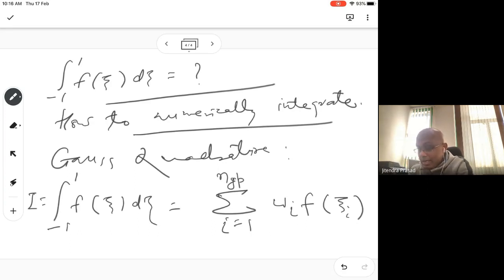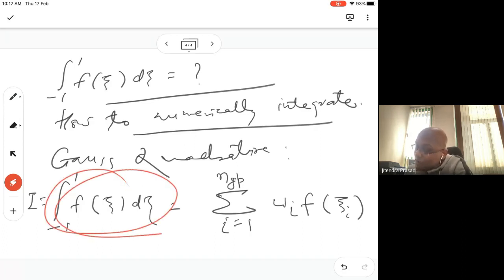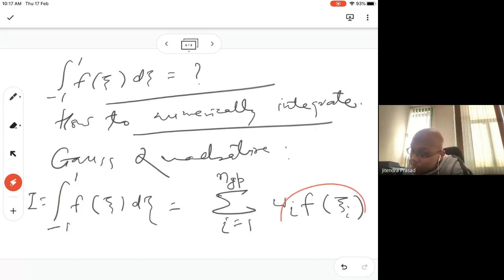But it says that for this integration we want to do, we should know a weight, and we should know the integration points.